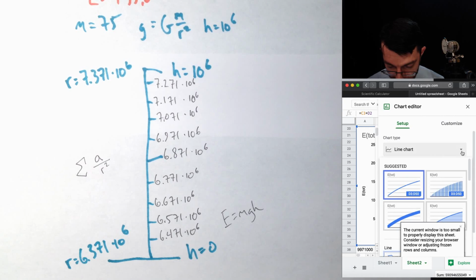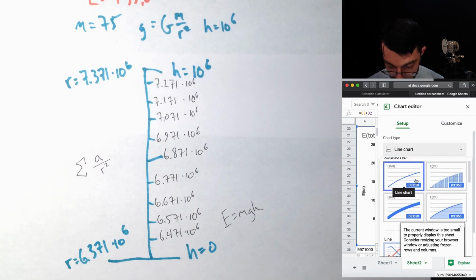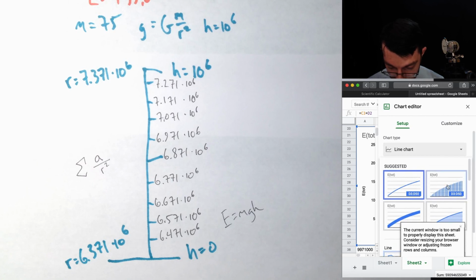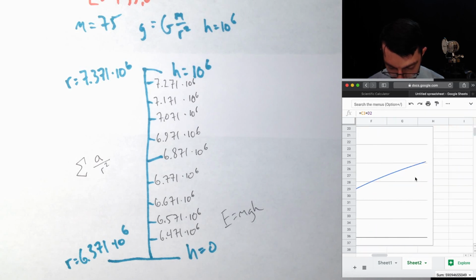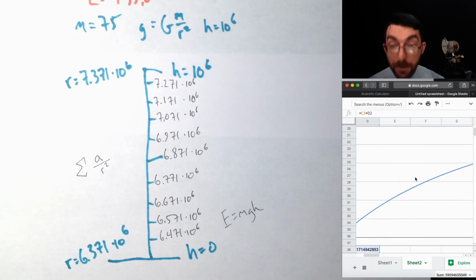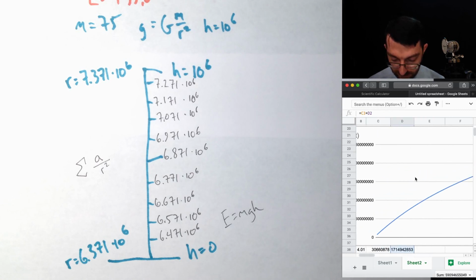Okay, I want a scatter. Line might do, but I really want scatter. Oh, fine. Okay, look at that. Do you see it bending down? See that? It's bending down.